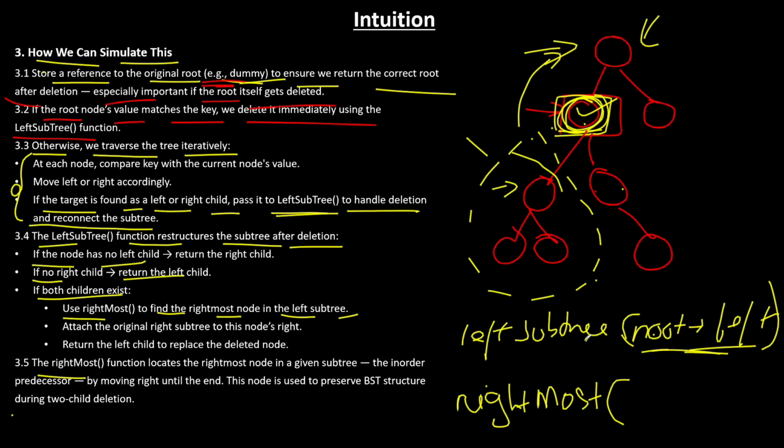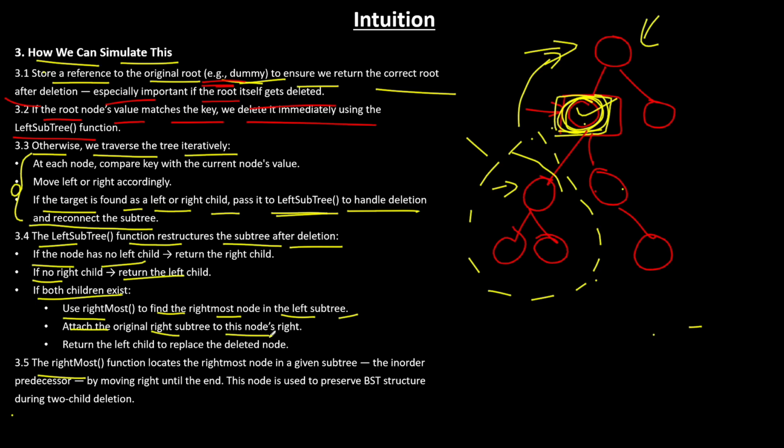How will we pass that? We will store this root left somewhere here, for example, node equals root, whatever you got from the function call here, and we pass this node's left.